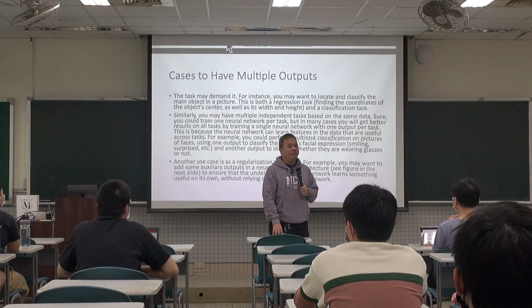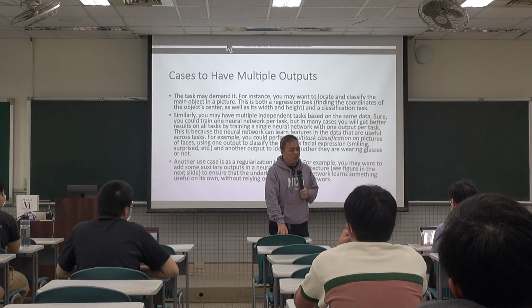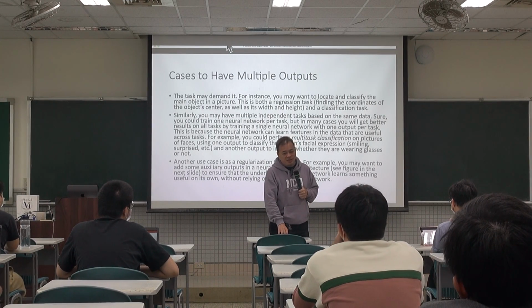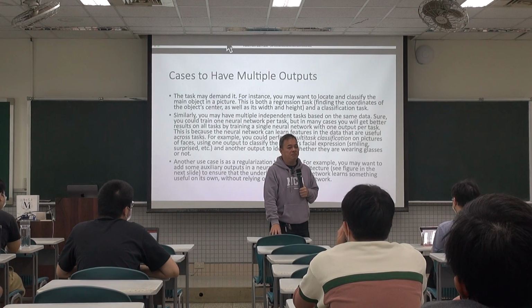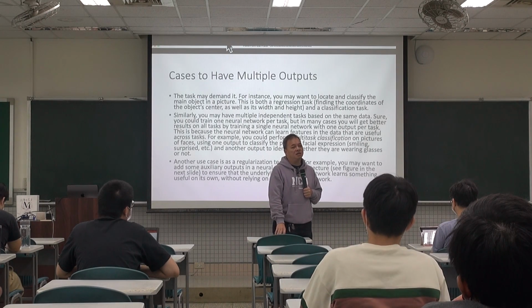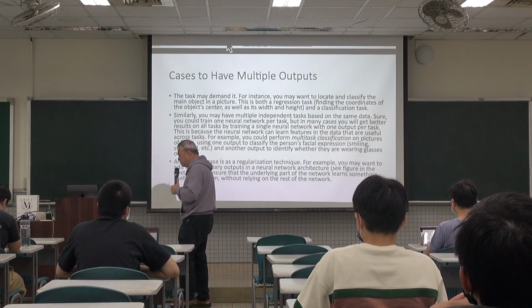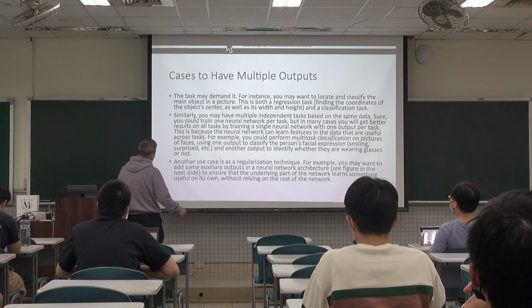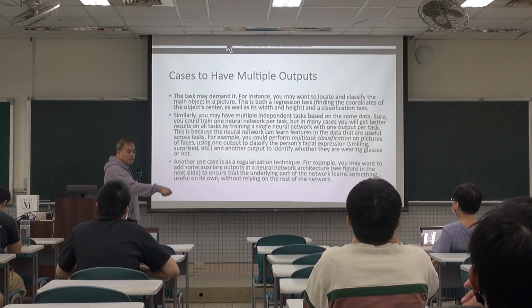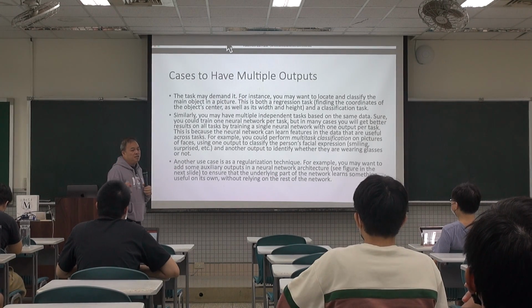In the next chapter, when we talk about CNN, we will talk about GoogleNet, which is the model Google created to classify images in the ImageNet competition, and in that model, they use this idea. They actually have more than one output.